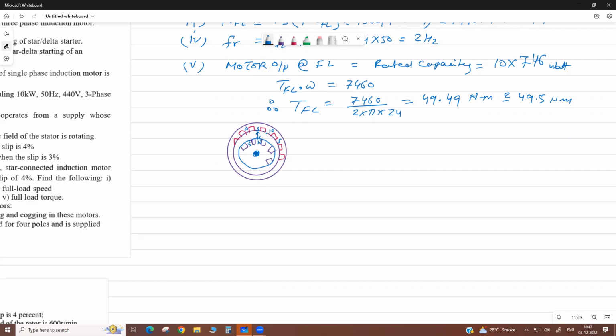So the stator and rotor are magnetically locked. Now suppose sometimes your starting torque is less than this magnetic alignment force. If the alignment force is high, then the motor fails to start. It will not rotate, so your rotor is locked magnetically. That is called cogging or magnetic locking.